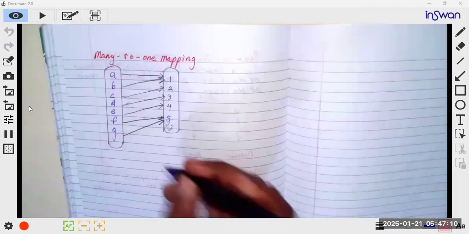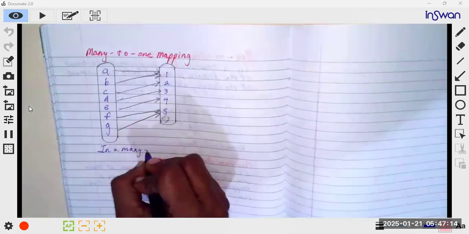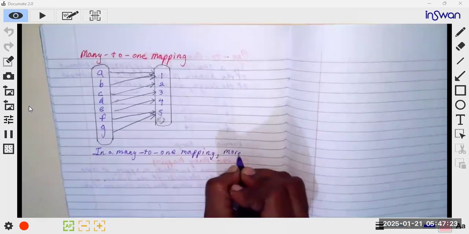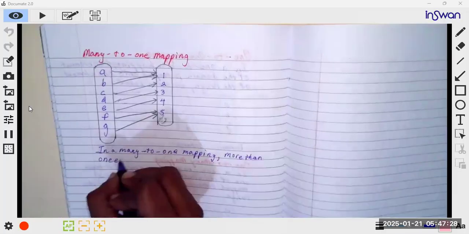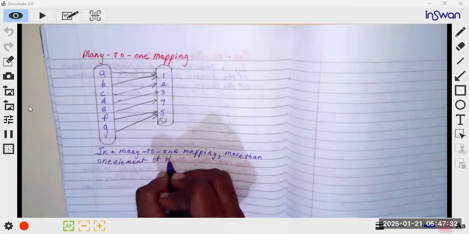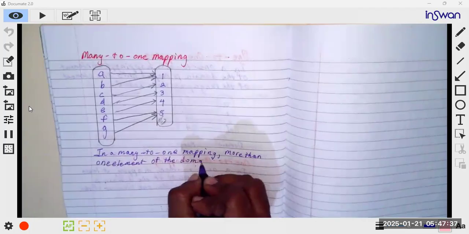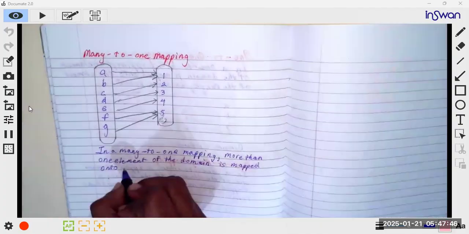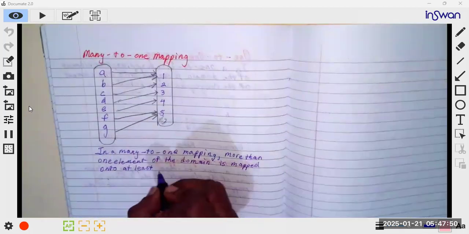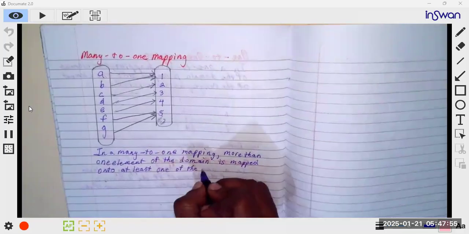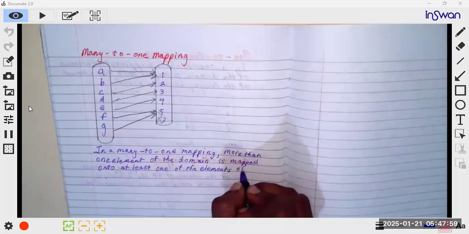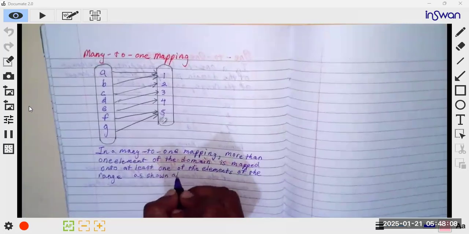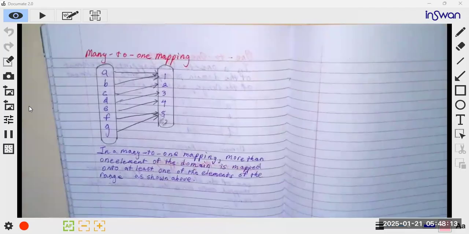In a many-to-one mapping, more than one element of the domain is mapped onto at least one of the elements of the range, as shown above. All right, so that's what we want to be a many-to-one mapping.